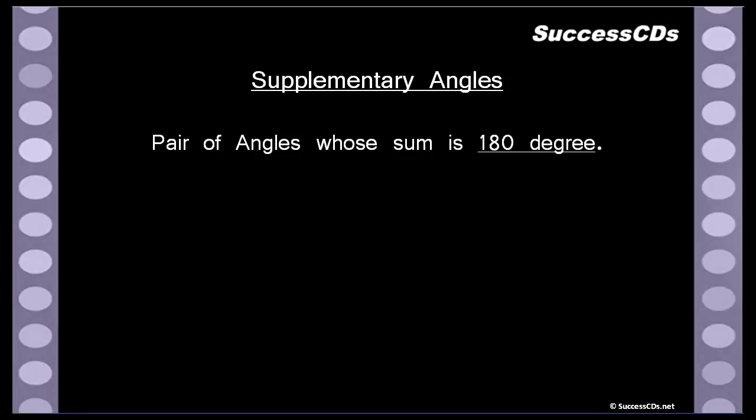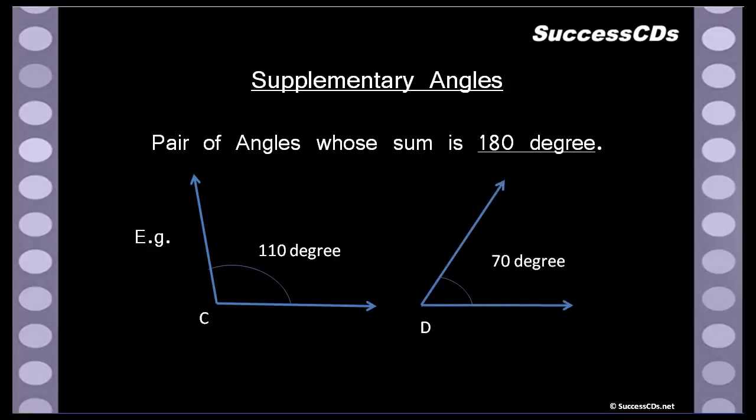Second, supplementary angles. A pair of angles whose sum is 180 degrees. Now when I say pair, please remember that means only two angles. Don't take 5, don't take 7, don't take 3. A pair of angles means only two angles are allowed, whose measure is 180 degrees.